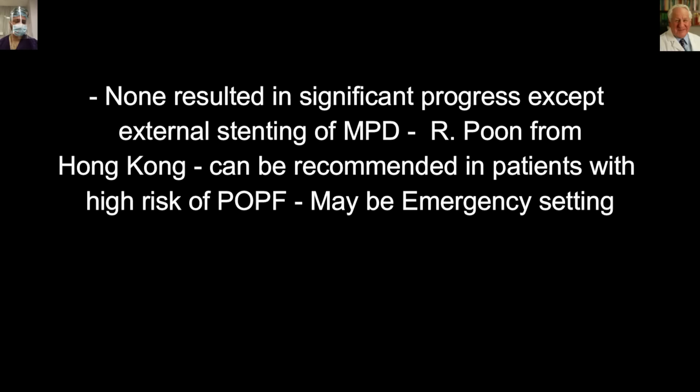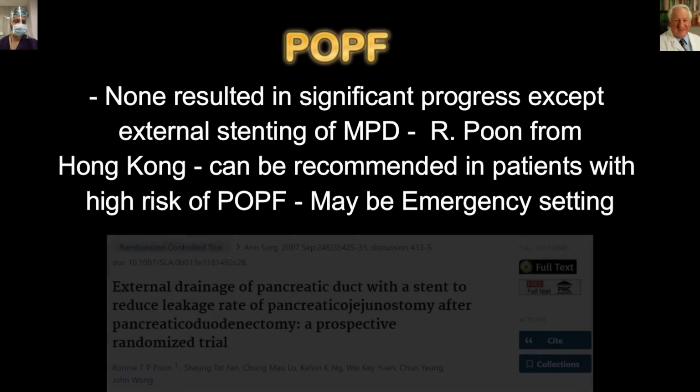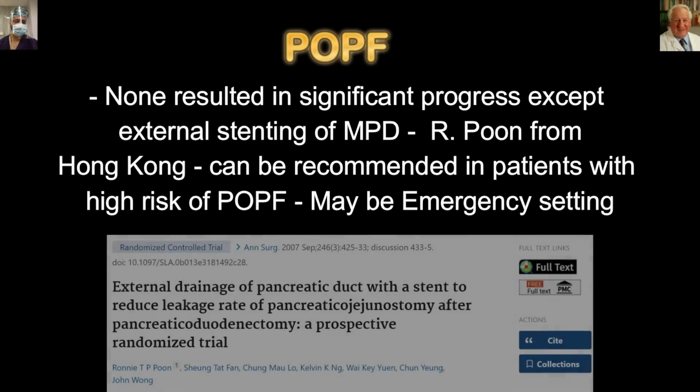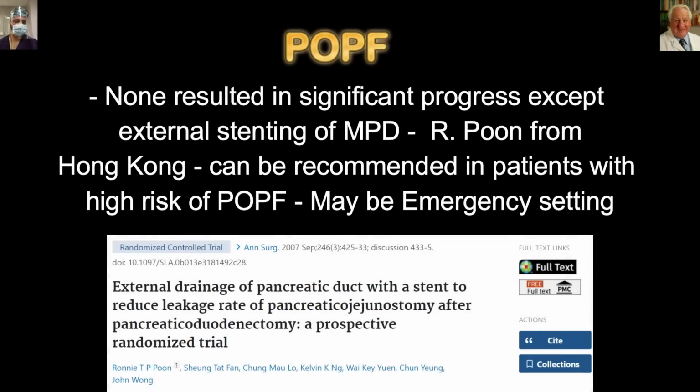Another interesting paper which viewers and students can go through is by Dr. Arpun et al. from Hong Kong, on external drainage of the pancreatic duct with a stent to reduce the leakage rate of pancreaticojejunostomy. What they did was place a stent in the MPD and externalize it through the draining limb, and they said it has a minimum leak rate.